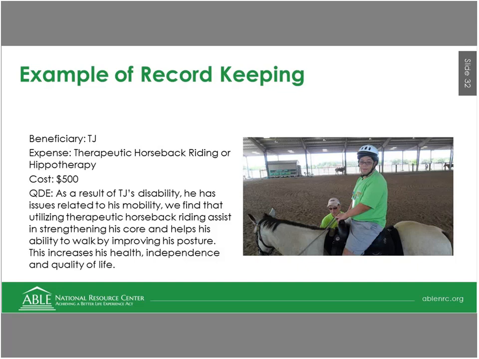This just naturally happens when you're balancing yourself on a horse, and my brother doesn't have the capability to exercise in a more conventional manner that perhaps other people would in a gym, so this actually helps him do that. So horseback riding helps him improve his core, which helps him walk, which I could easily argue increases all his health, his independence, and his quality of life.